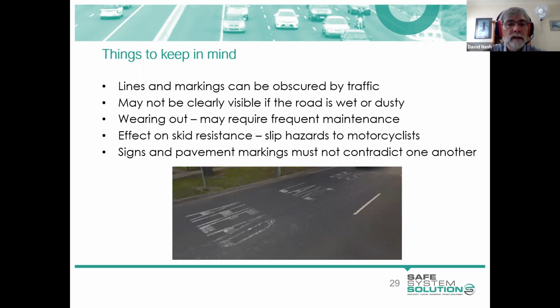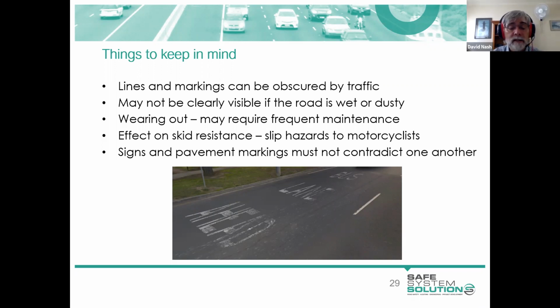Things to keep in mind: lines and markings can be obscured by traffic. As we have more congestion in our cities and more queuing, it can be more difficult to see the markings on the road. Also, the markings are not necessarily easily visible in the wet or in dusty conditions, but particularly in the wet, because we talked in the first session about retroreflectivity of line marking and signs.